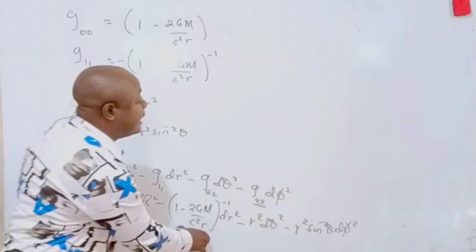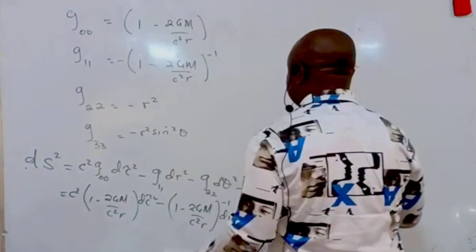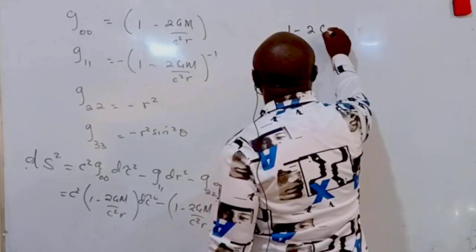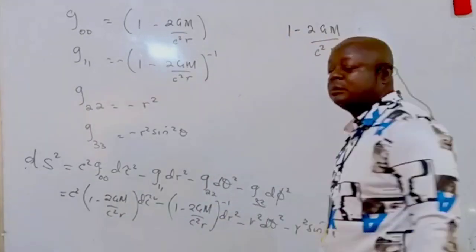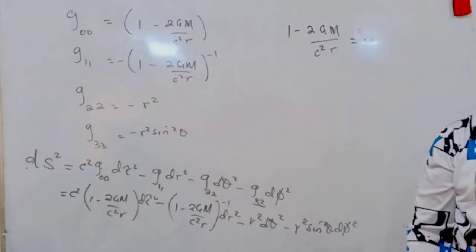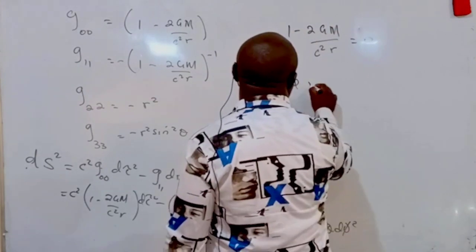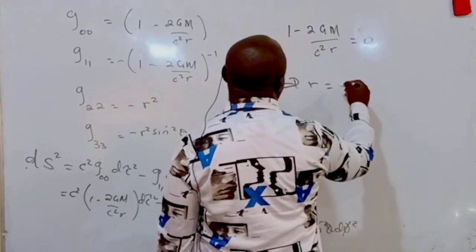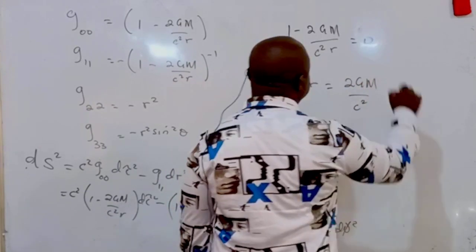So for us to get that Schwarzschild singularity, we need to equate this to 0. And if we do that, we'll realize that our r will be 2GM over c squared.